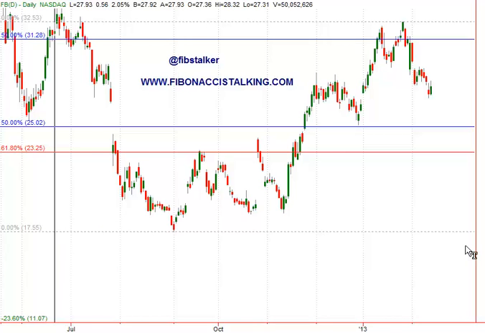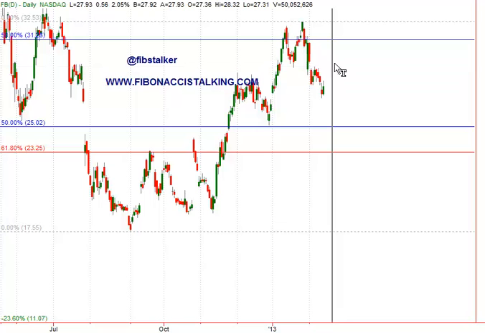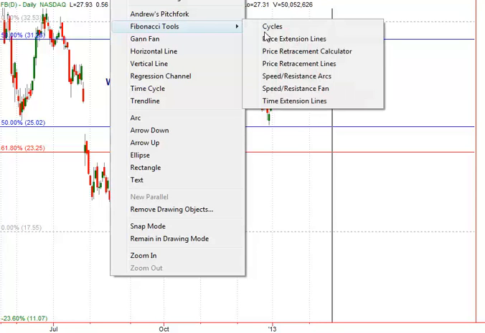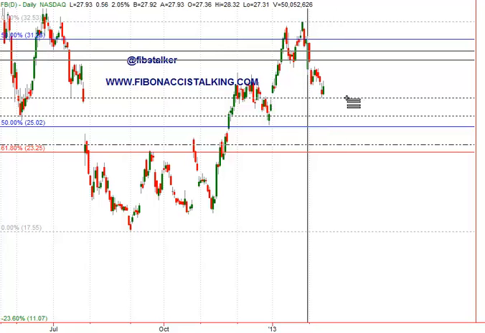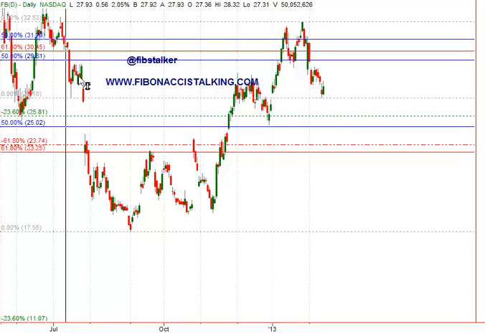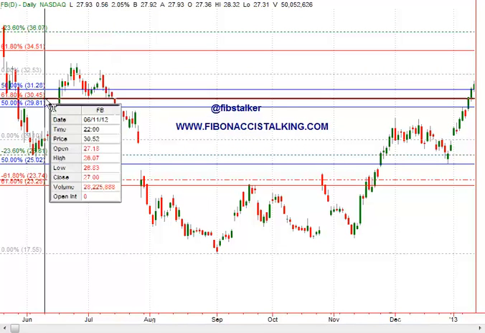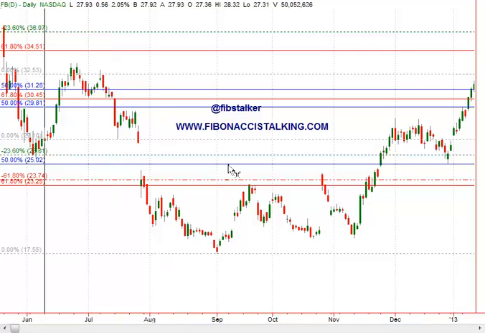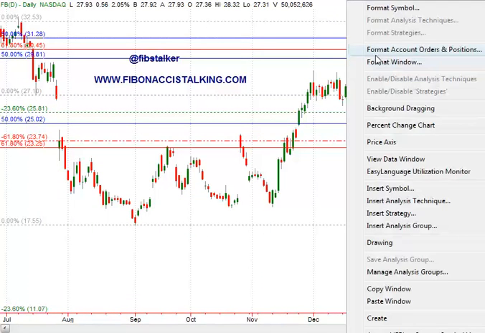And if we get a retracement of this stock before we get into the 25 area, into, let's say, the 29.80 area, then this could be a good short opportunity with a stop above the 30.50 area. I hope this update on Facebook was useful.